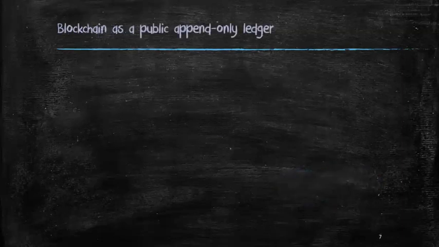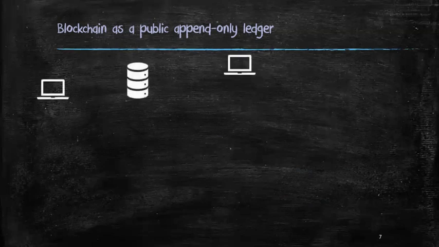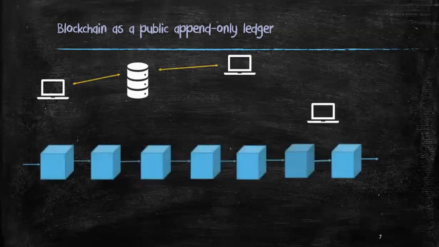So to answer the first question, we'll first have to consider blockchain as a public append-only ledger. In our construction, we have the servers and clients that utilize our blockchain as a public append-only ledger. Here, our first client finds that the file it had uploaded was censored, publishes a proof of that to the ledger.